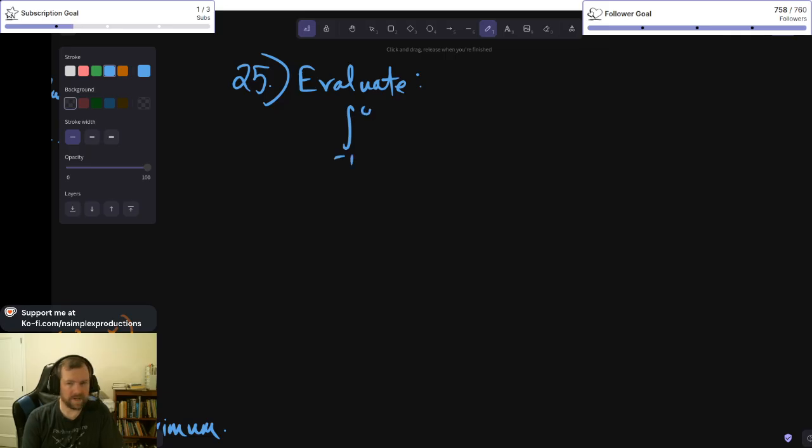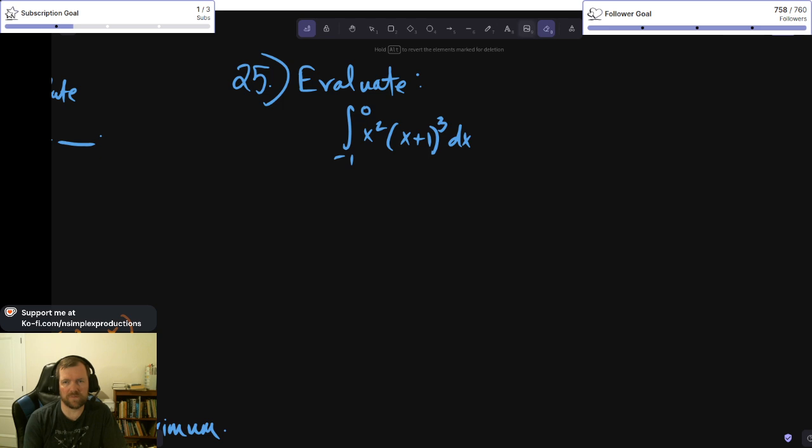Integral from -1 to 0 of x squared times (x plus 1) cubed dx is equal to what? Right, so evaluate really just means don't do that.